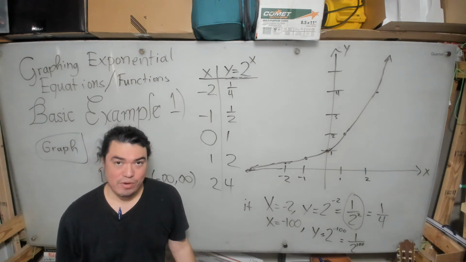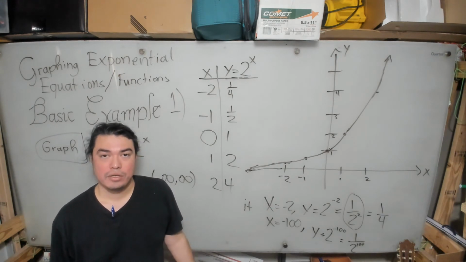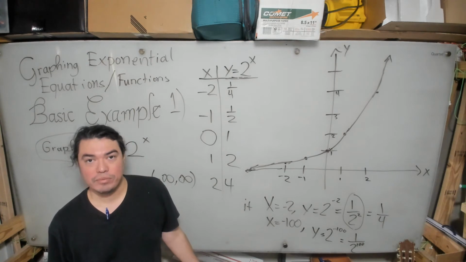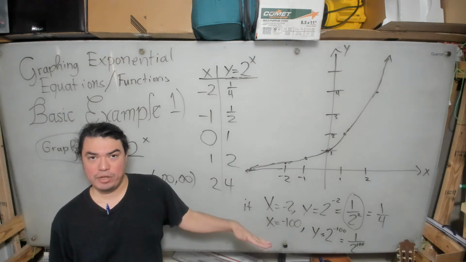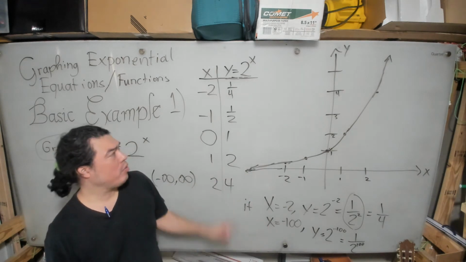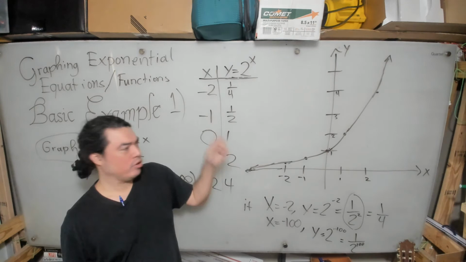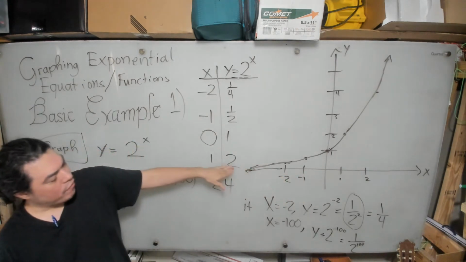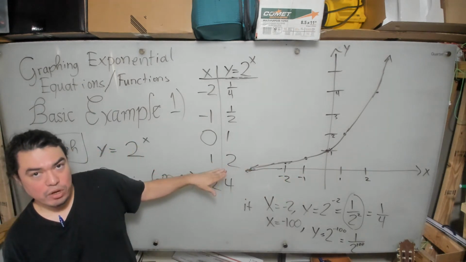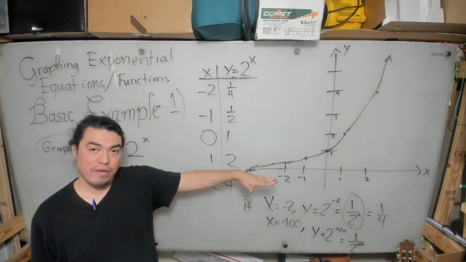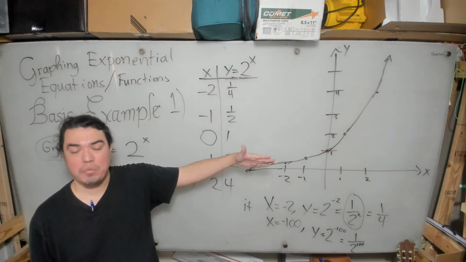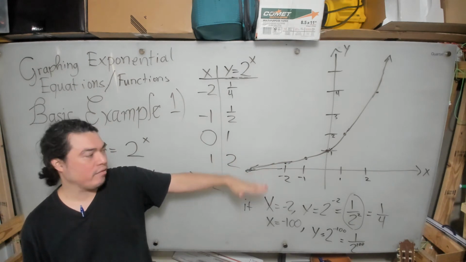It will never be 0. No positive number can ever be 0, right? And moreover, it can never be negative by the same token, because a positive divided by a positive is positive. And so we know that no matter how negative we go, no matter how far to the left on the graph we go, it will never reach 0, and it'll never go underneath.